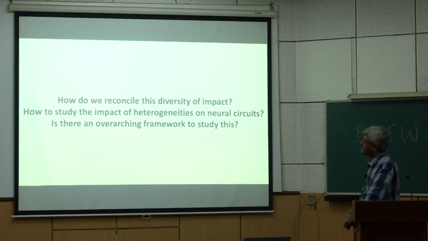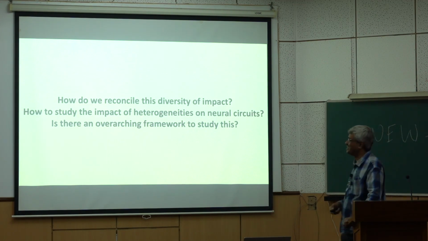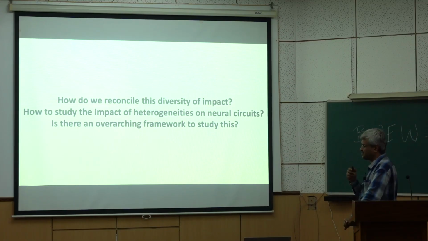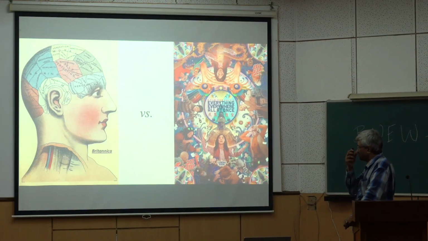Now if this is all so complicated, how do we reconcile this diversity of impact of heterogeneities on different networks? How do we even approach the problem of heterogeneities in neural circuits? Is there an overarching framework to study this? In all of neuroscience, we have been asking this question.